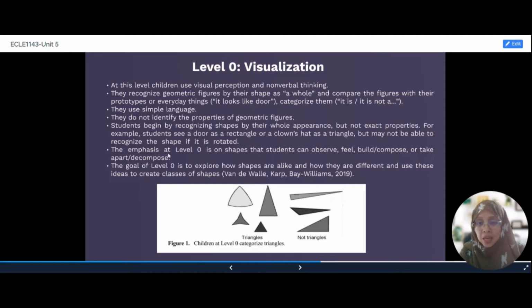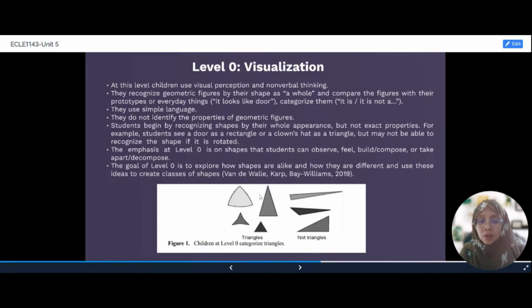Okay, and in this level 0, the emphasis is that students can observe, feel, build, compose, or decompose. So the goal of this level 0 is to explore how shapes are alike and how they are different, and use these ideas to create classes of shapes.